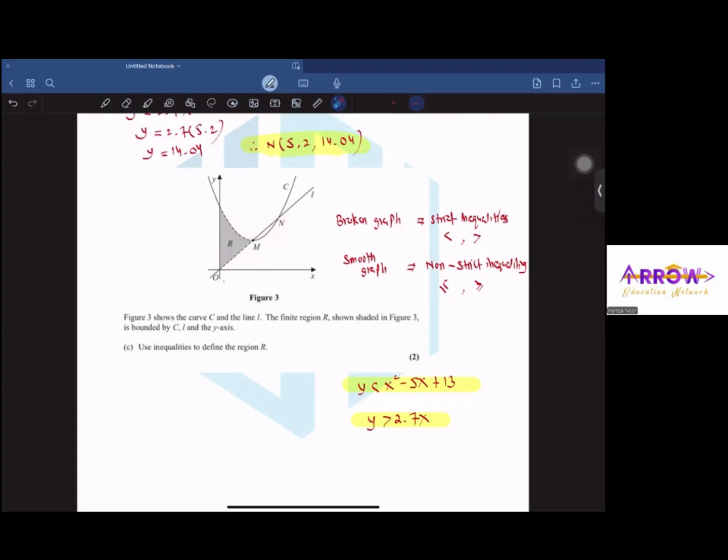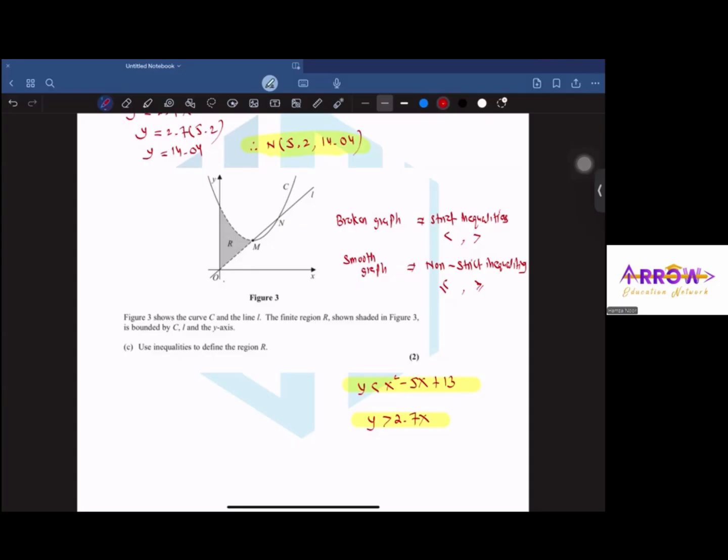However, we have an issue over here. What issue do we have? As we can see, the region R is below the curve and above the line, and x is greater than or equal to 0.